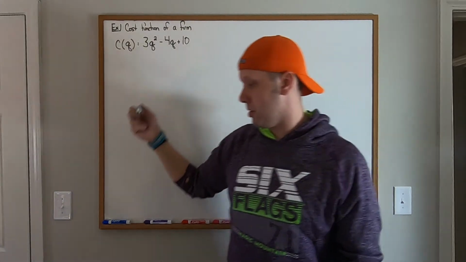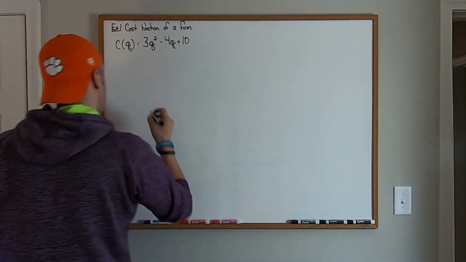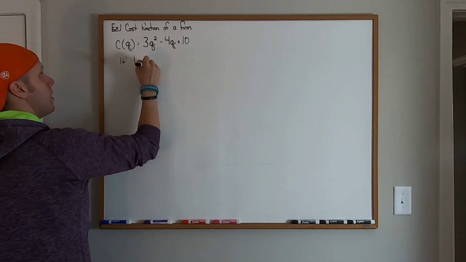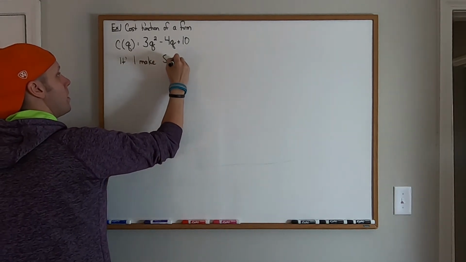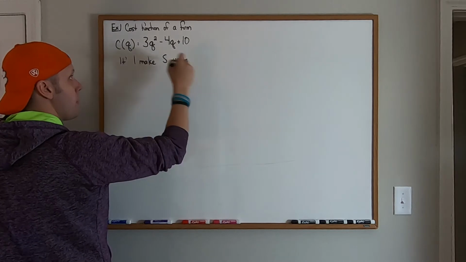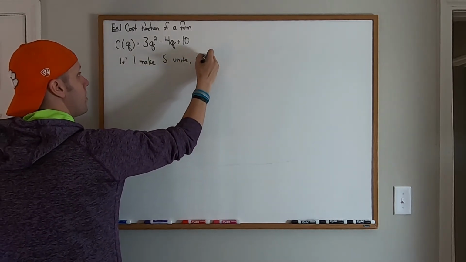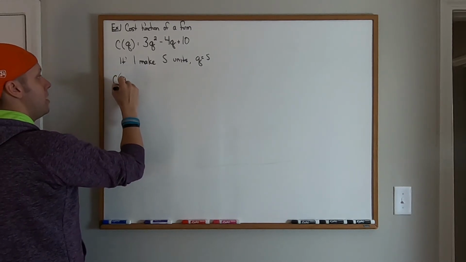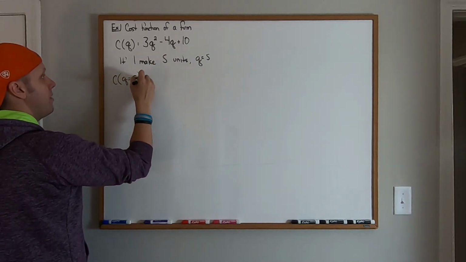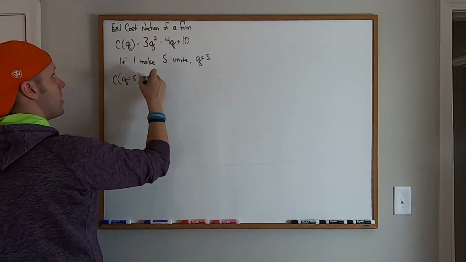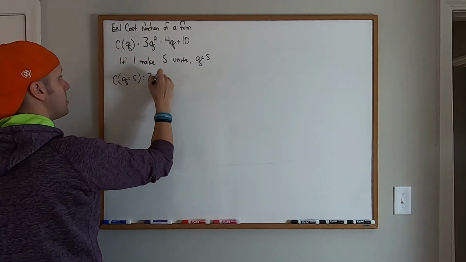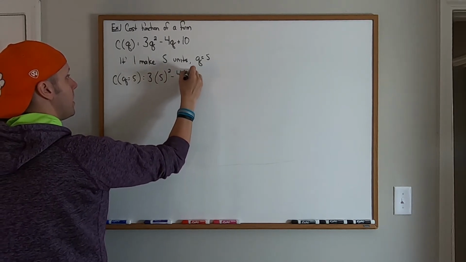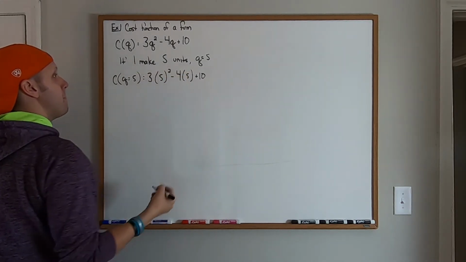So if I were to produce five units, q is equal to 5, c of q equals 5. Well, I plug in 5 for every q I see, so I'll get 3 times 5 squared minus 4 times 5 plus 10.